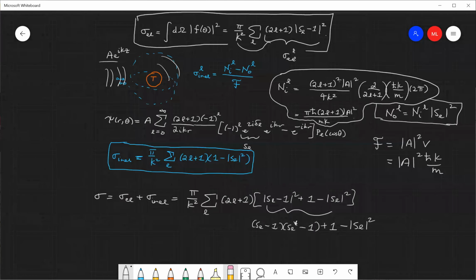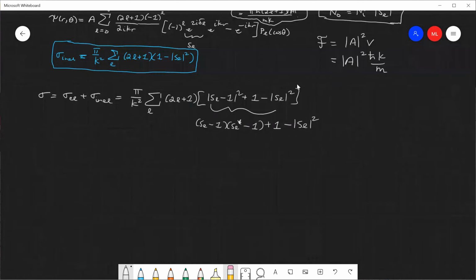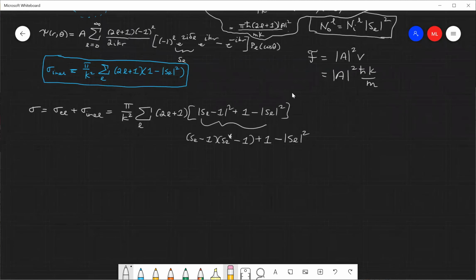So some stuff will start to cancel. This is equal to 1 plus 1, and the minus 1 times minus 1 gives 1 plus 1, and you get a minus S_L minus S_L star. And that's it, because the magnitude squares cancel.